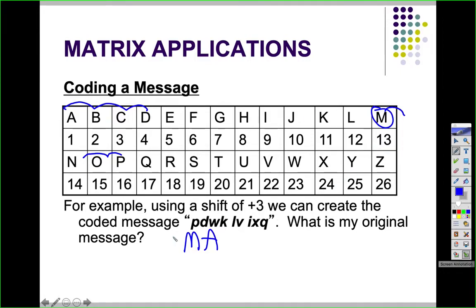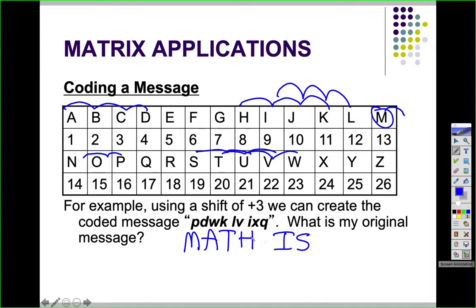It just recycles. W, -3 is T. K, -3 is H, then a space. Then we have L, V. L, -3 is I. V, -3 is S.